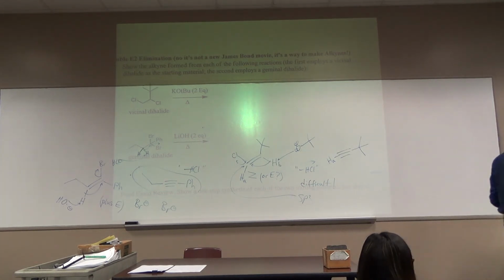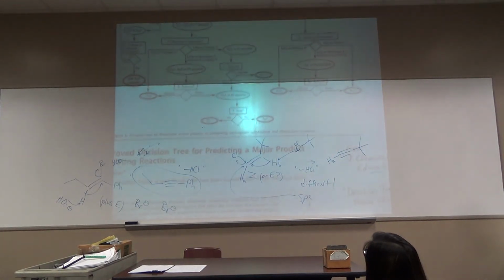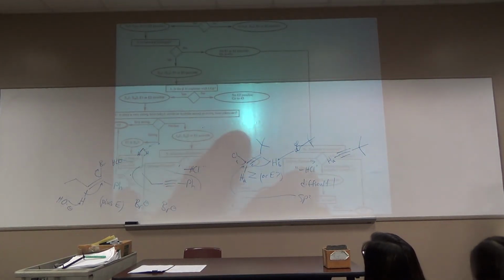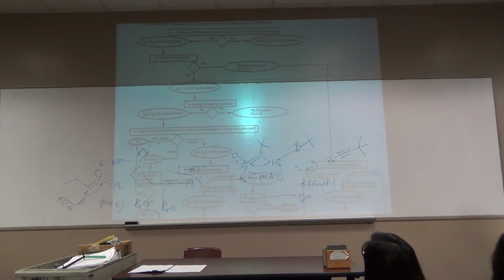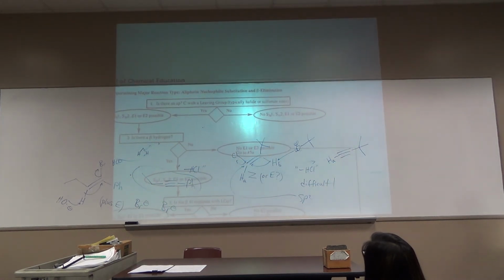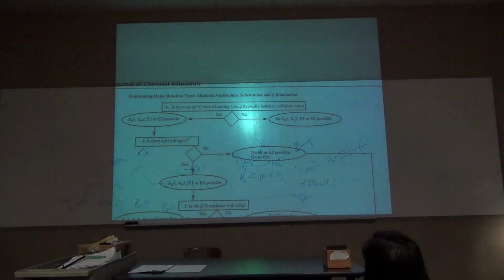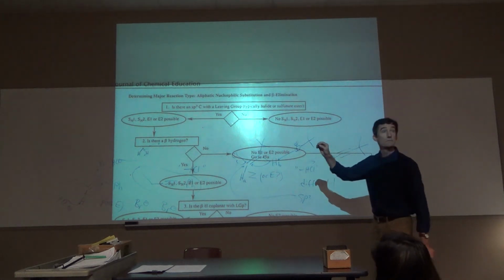Okay, guys. So there's a good amount of decision making. Hopefully you're getting more comfortable with it. There are diagrams available to help with decision making. Does that help some? Okay.